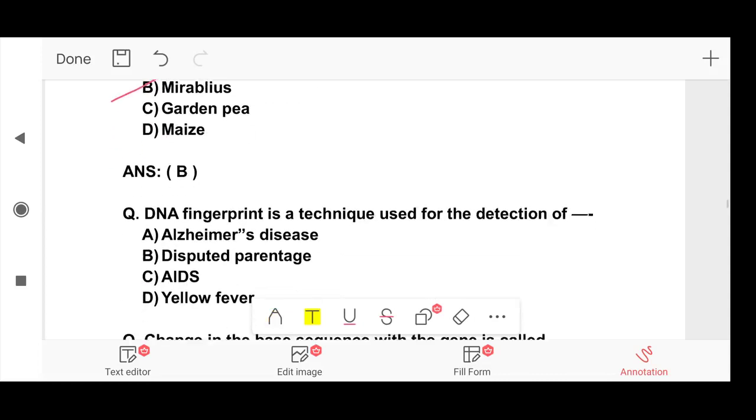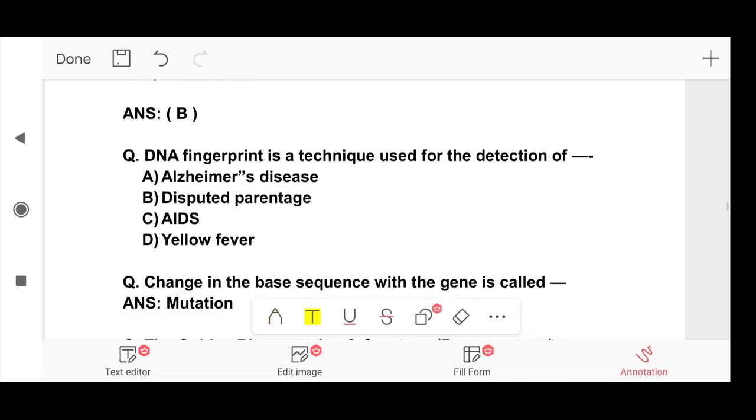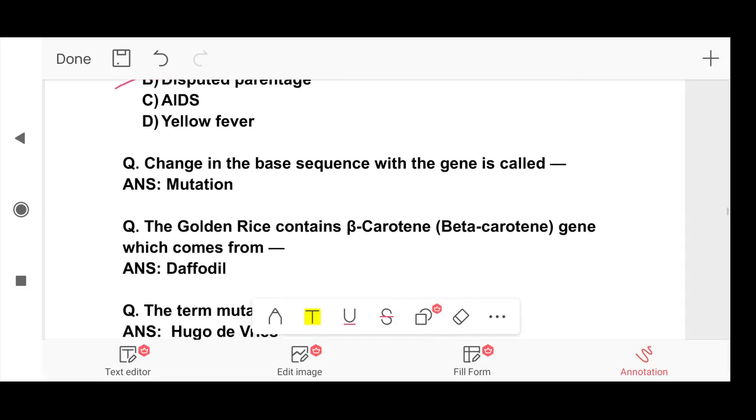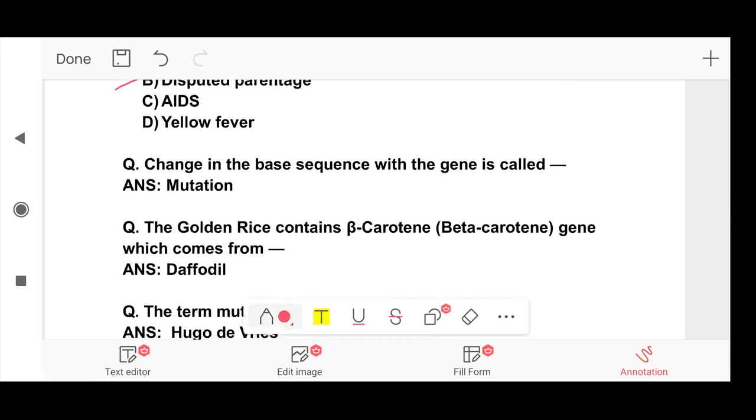Next question. DNA fingerprint is a technique used for detection of, and the options are Alzheimer's disease, disputed parentage, AIDS, or yellow fever. And the answer is option B, disputed parentage. Next, change in the base sequence within the gene is called, answer is mutation. Next, the golden rice contains beta-carotene gene which comes from, and the answer is daffodil.